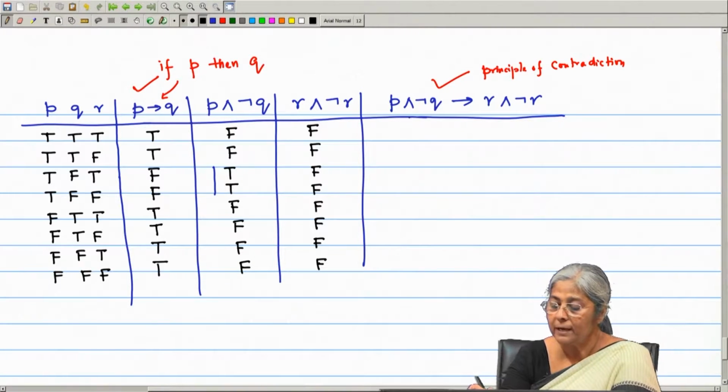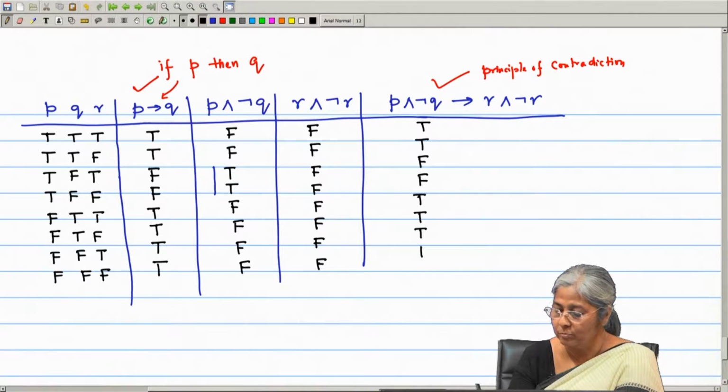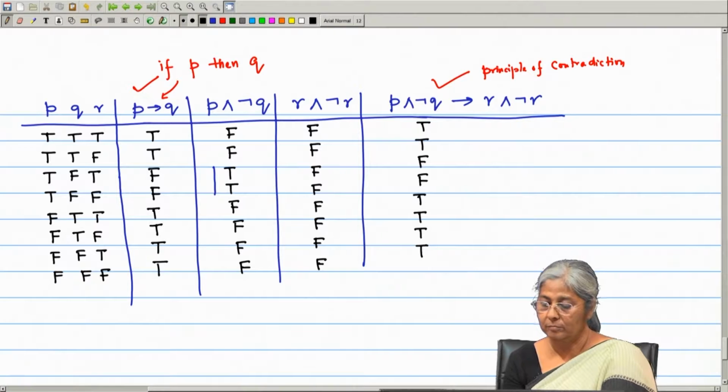Now, see P and negation Q implies R and negation R. So, F implies F is true, true, only these two cases, T implies F, we know these are false, and the remaining are all true.